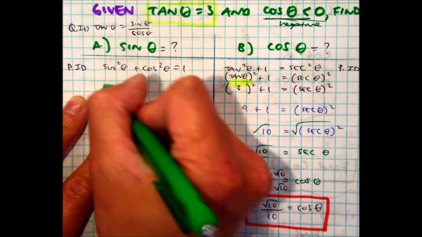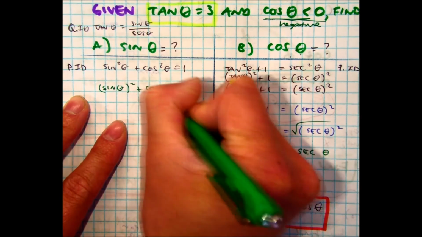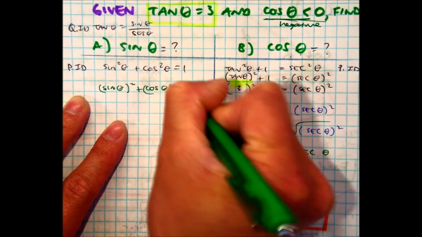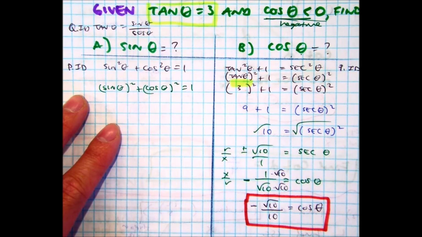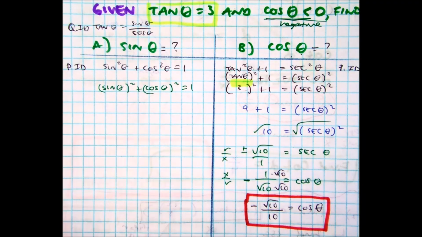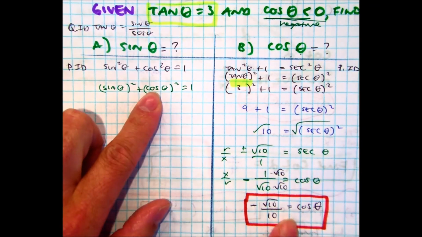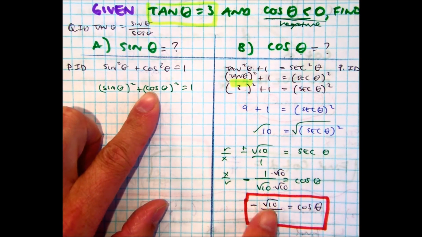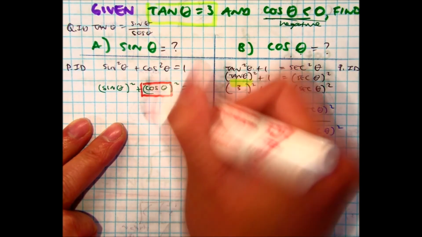So sine, I'm just going to rewrite this, sine theta squared plus cosine theta squared equals 1. Here for cosine, I already have cosine. Cosine is negative radical 10 over 10. So I'm going to do a substitution right here.